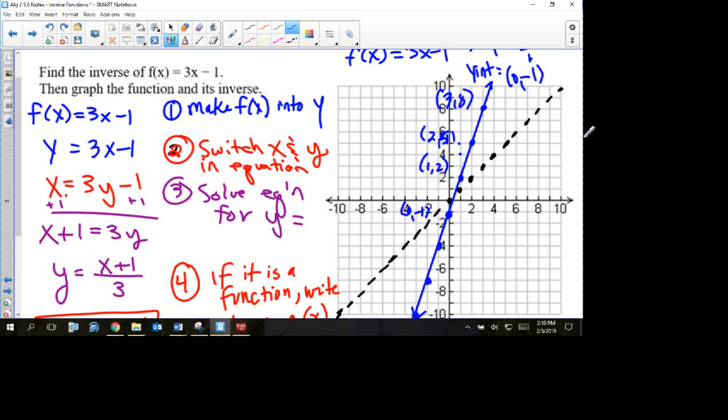If I just take each of those ordered pairs and I switch them: -1, 0. 2, 1. 5, 2. 8, 3. And I use my straight edge to connect that. Or I use my slope if I want to find more points. It's much easier. You just switch the x and the y.